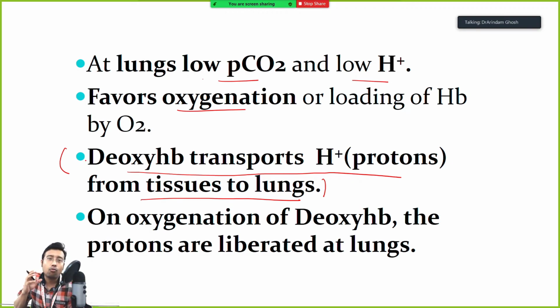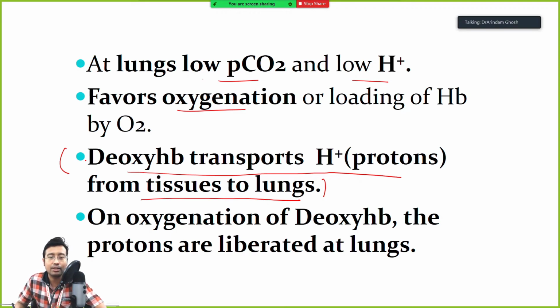So what does the Bohr effect say? The Bohr effect says whenever there is more hydrogen, it will lead to loss of oxygen. And this effect says deoxyhemoglobin will transport proton. This is actually the Haldane effect. You will find both of these effects in your textbook, and they may be asked in viva. If you are having confusion in understanding, you can write in the comments or inform me in the WhatsApp group.